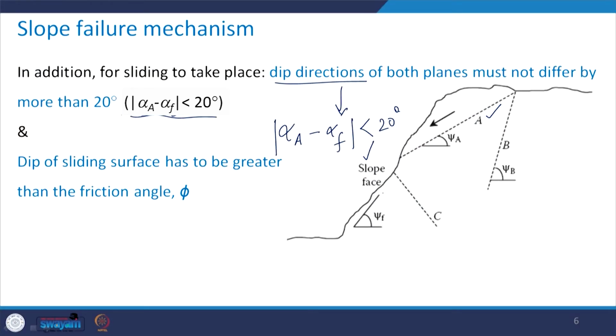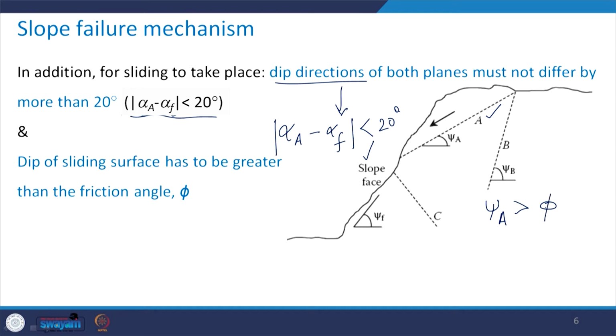Along with that, the next additional condition is that the dip of the sliding surface should be greater than the friction angle. That friction angle is that of the slope face, this rock or rock mass, and we can find it out. And dip of the sliding surface means what? Psi A has to be greater than phi.